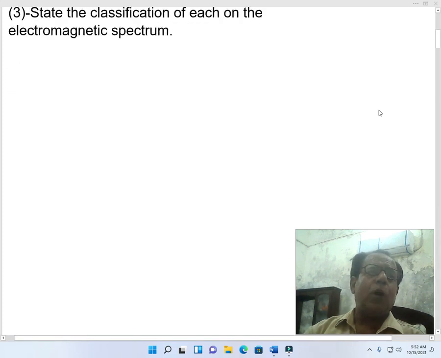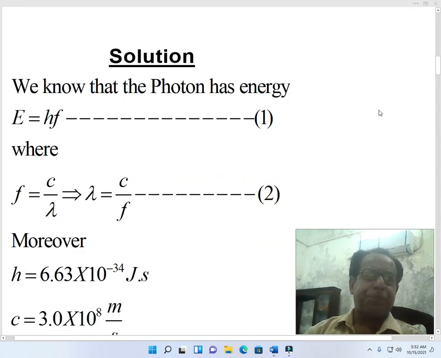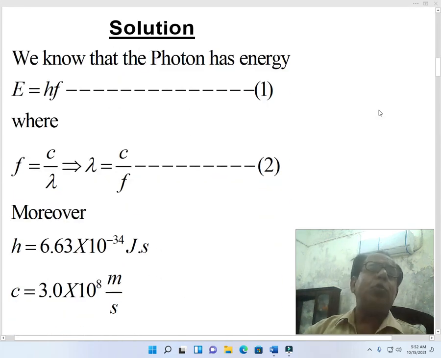So now we come towards its solution. We know that the photon has energy E equal to hf, where frequency f is equal to c over lambda. This implies that lambda is equal to c over f. We have given name equation number 1 to E equal to hf, and equation number 2 to lambda equal to c over f.